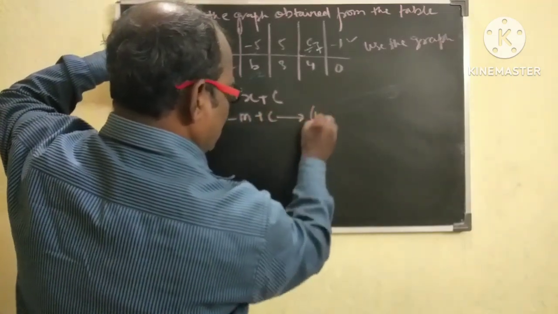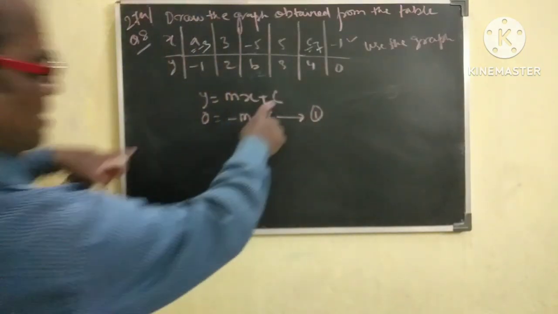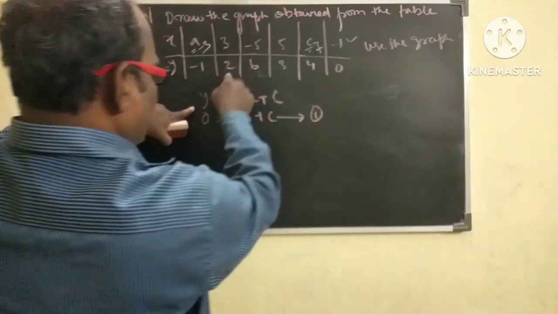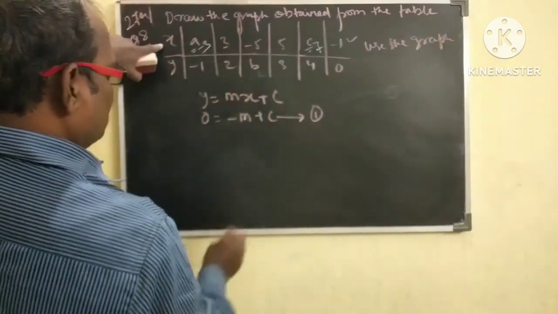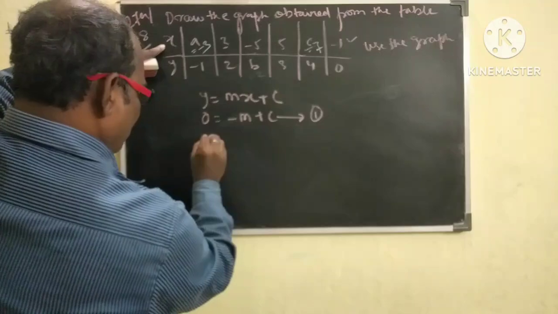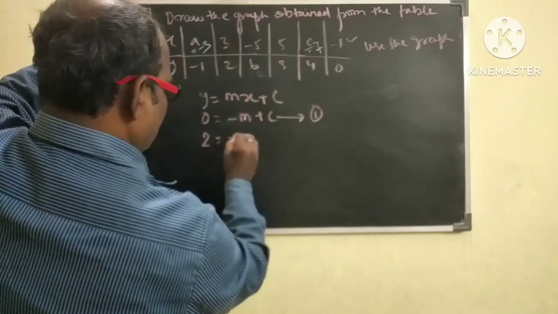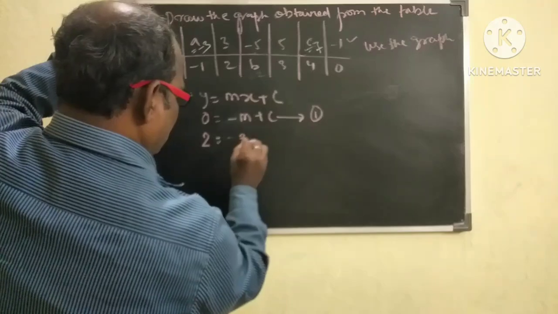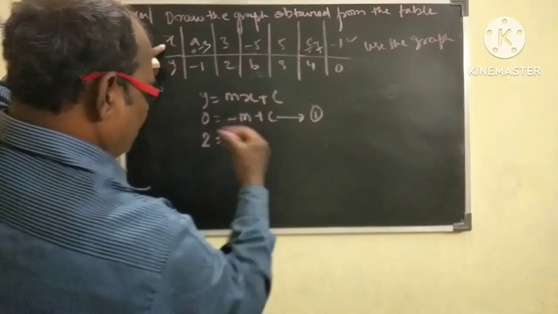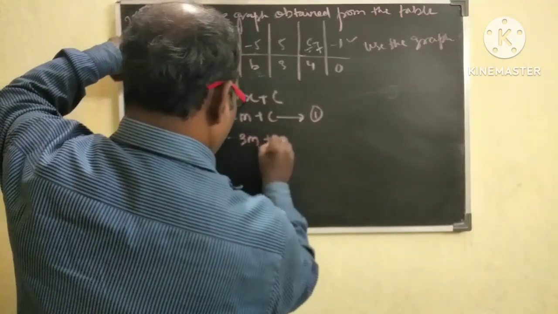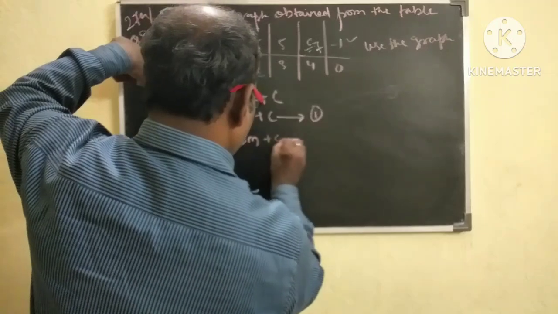So this is equation number 1. Again, since this line also passes through 3 and 2, taking x equals 3 and y equals 2, we can write 2 equals 3m plus c.